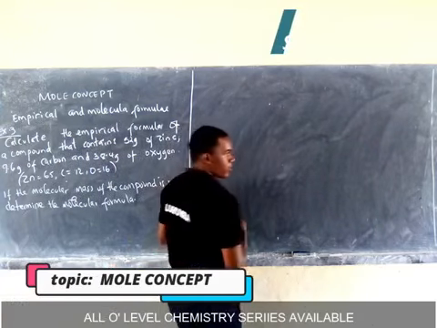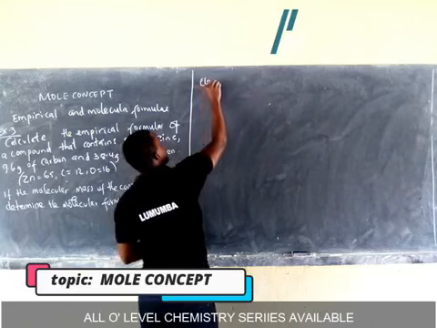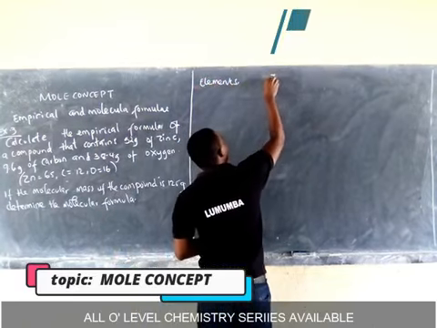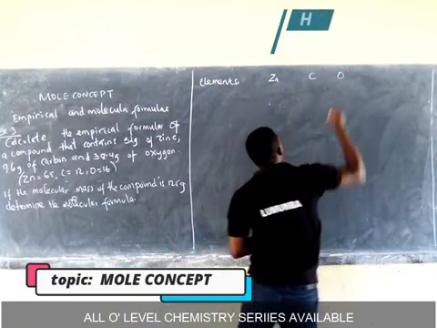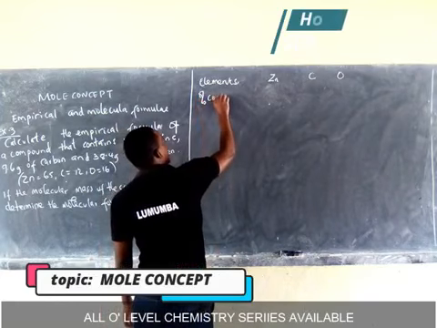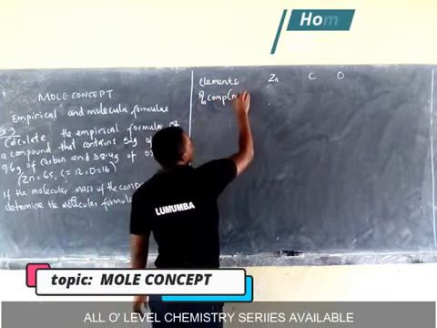So, again, we go through the same procedures. Write our elements. Our elements we have zinc, carbon, lastly oxygen. Number 2, we have the percentage composition. But this time we have been given the masses, so let me put here mass.